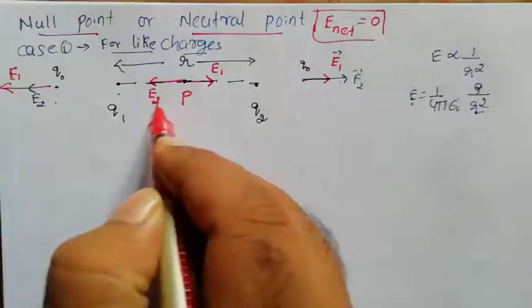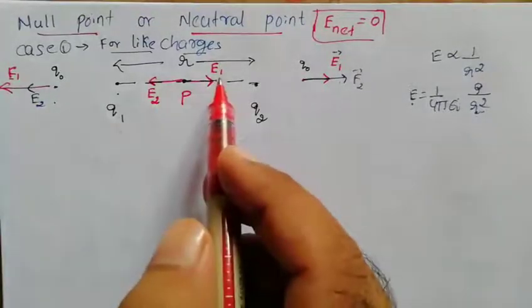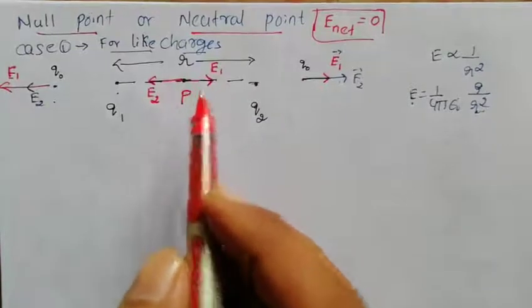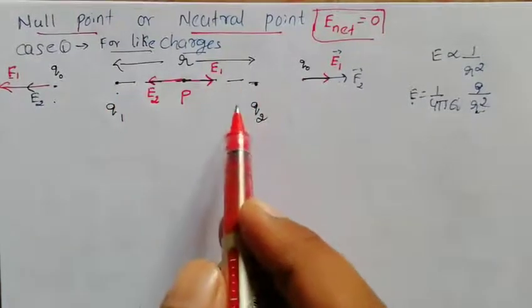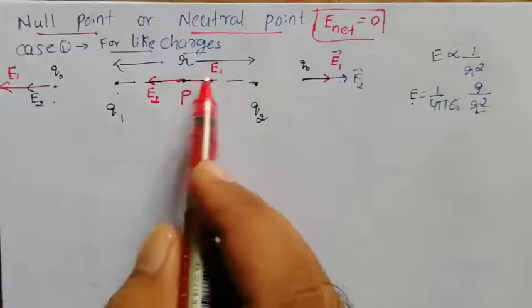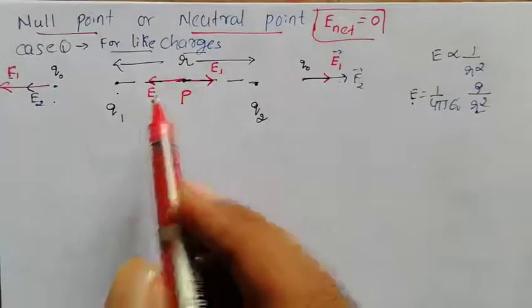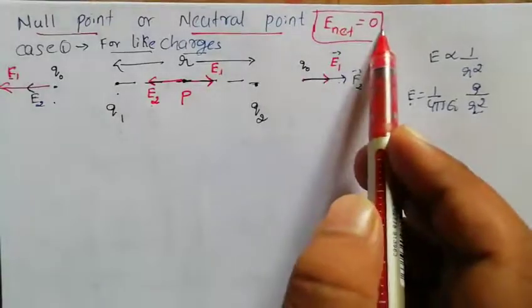That is what we call E2. Now they are in opposite directions, right? Yes or no? So here there is a possibility that somewhere between these two, the electric field E1 becomes equal to E2, but in the opposite direction. There we get the net electric field strength as 0.